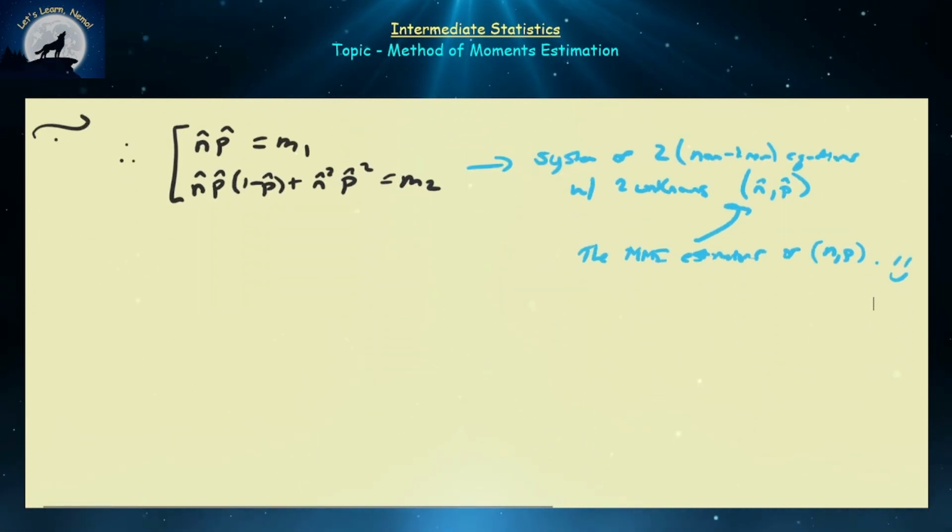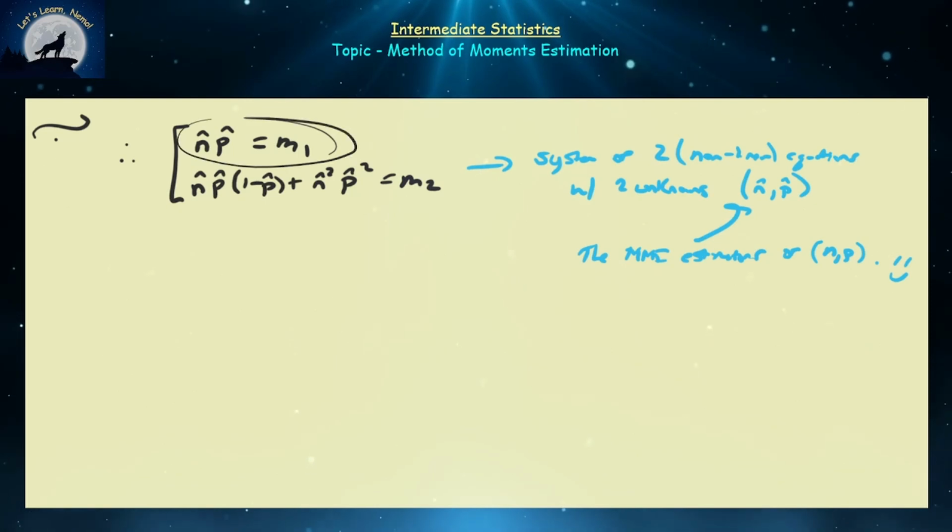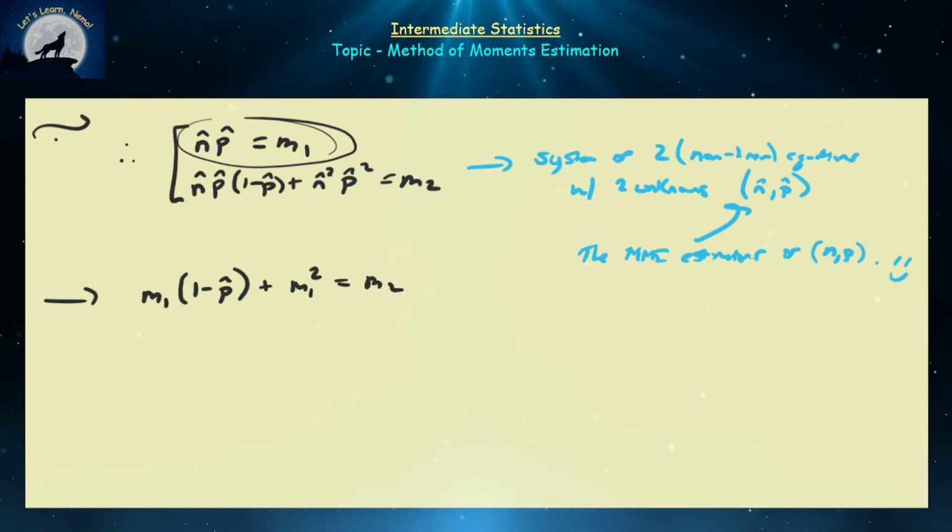All right, so let's see if we can solve this system of equations, and this is where the algebra comes into the picture. Notice that we already have n and p isolated in terms of m1, so I can just substitute into the second equation and see what comes out of it. So we're going to have m1 times (1 minus p hat) plus m1, the quantity squared, is equal to m2. And that gives us an equation that contains only p inside of it.